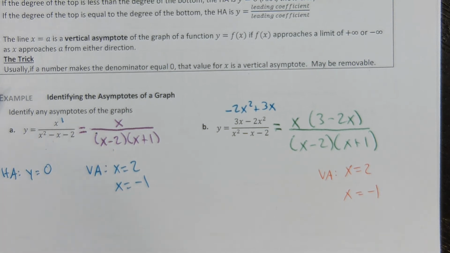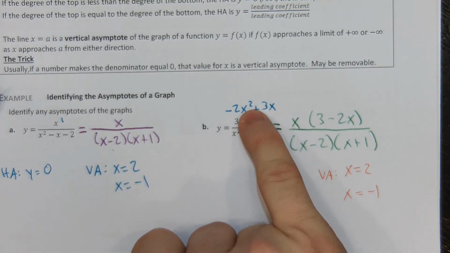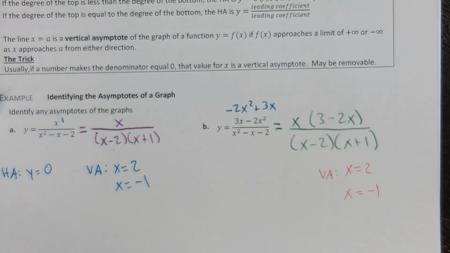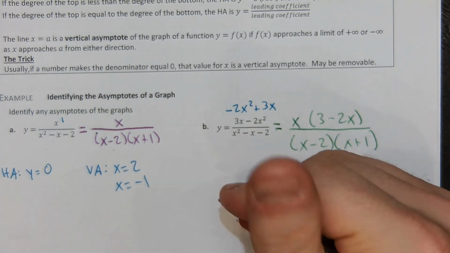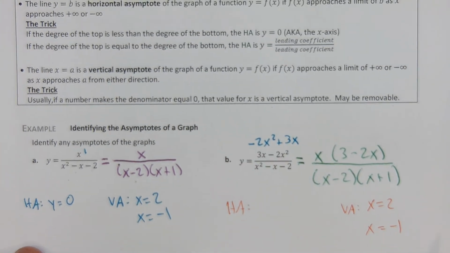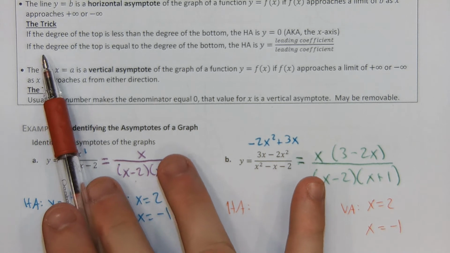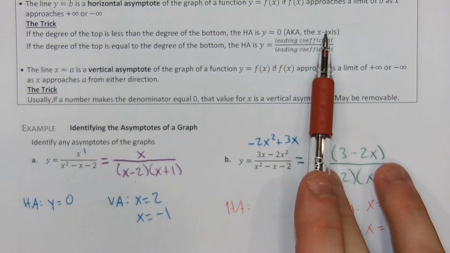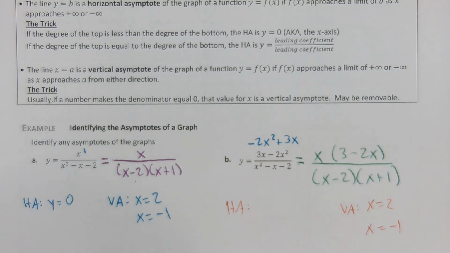And it looks to me then that the degree of the top, 2, equals the degree of the bottom, 2. And if you go up to our little box up here, it says when the degree of the top and bottom are equal, your horizontal asymptote is going to be the leading coefficient of the numerator over the leading coefficient of the denominator.